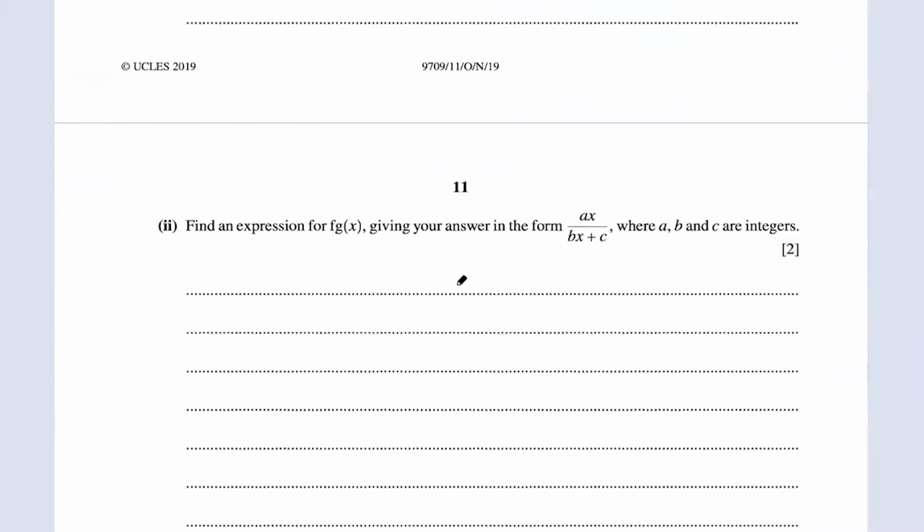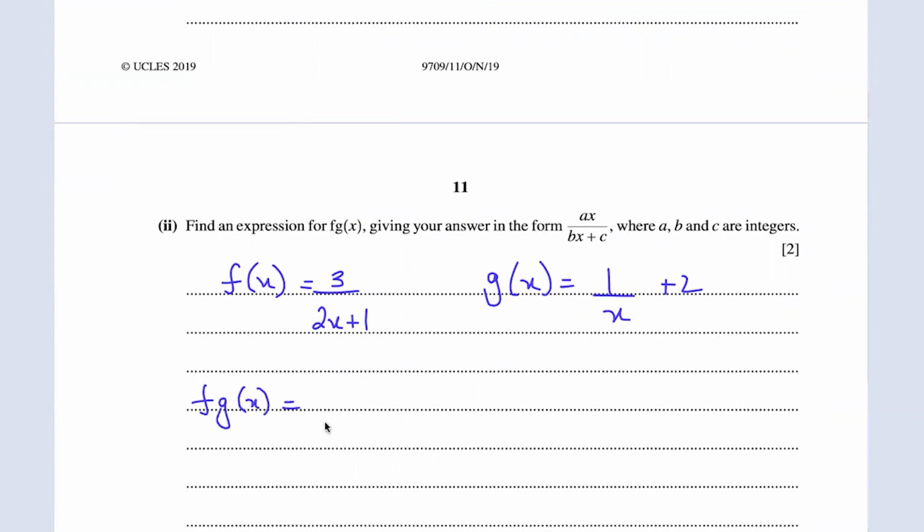Now in part B, we have to find an expression for fg of x, giving our answer in the form ax upon bx plus c. So f of x is 3 upon 2x plus 1 and g of x is 1 upon x plus 2. So for fg of x, in place of x in the function f, we'll substitute the whole function g. So we can write it as 3 upon 2 into 1 upon x plus 2, plus 1.